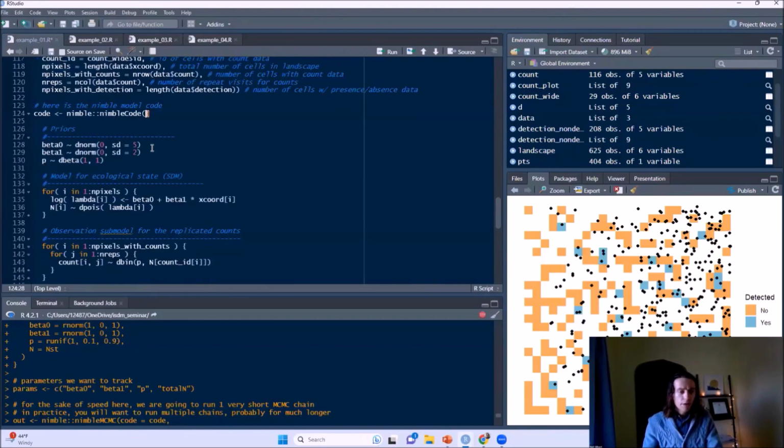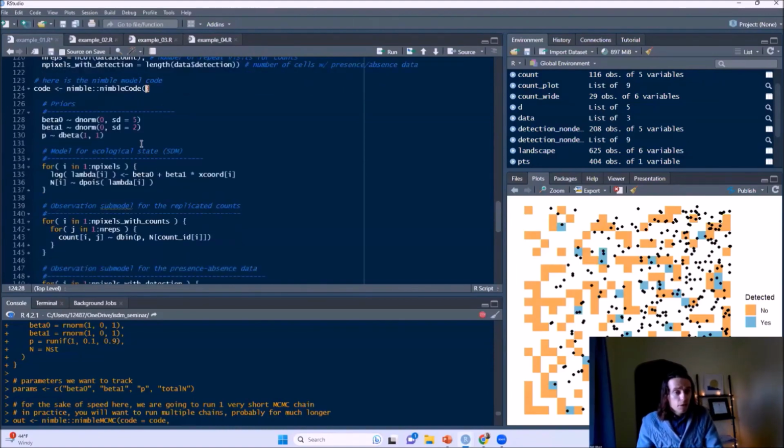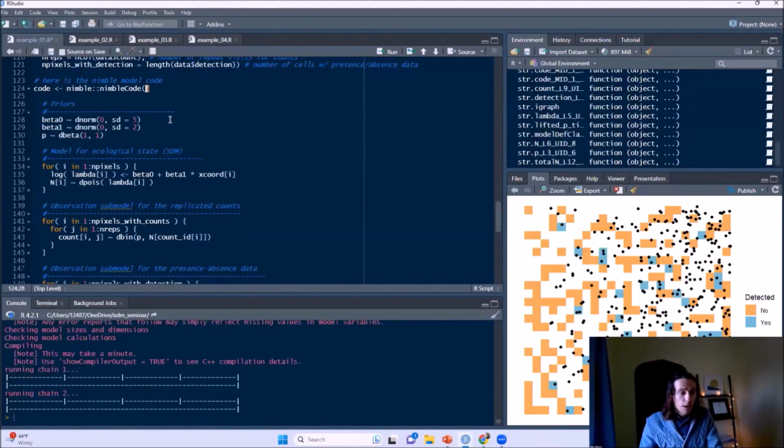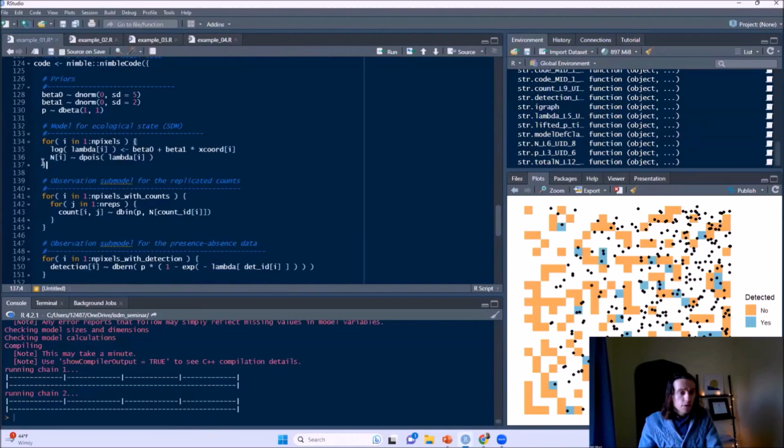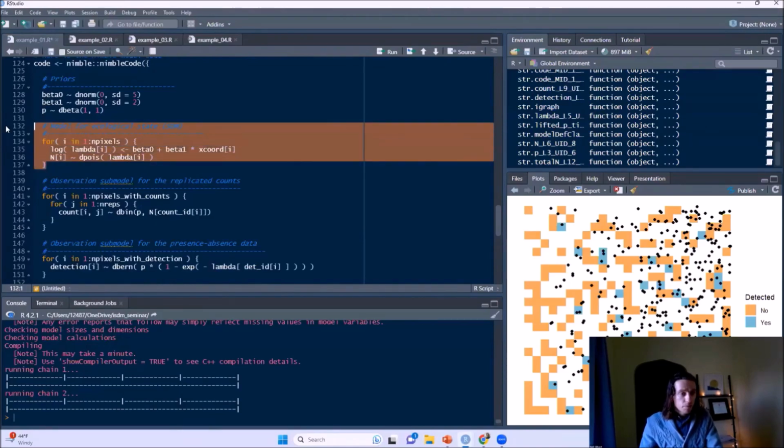One thing to note that I found confusing at first when I started using these sorts of programs is that this is a declarative programming language. So it's not like R, where the order of operation matters. You can put whatever lines wherever within the model. It doesn't matter what order you put them in.